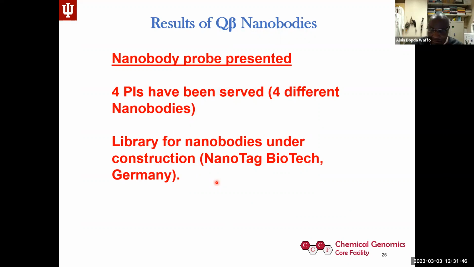I have a company from Germany called Nanotag Biotech. So what are they going to do? For this type of animal or close to it, they will pool a naive library from 10 different species, and then copy it by PCR so we can clone this directly and make a library of phages for the nanobody.